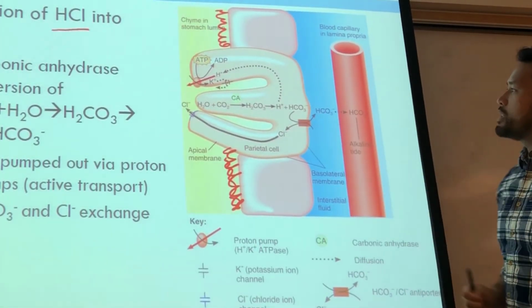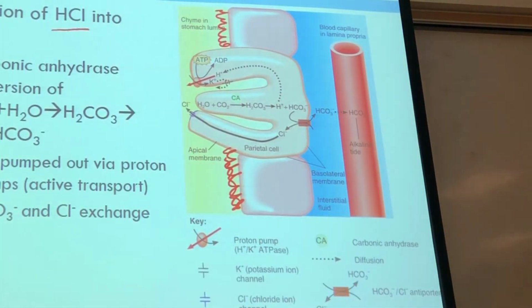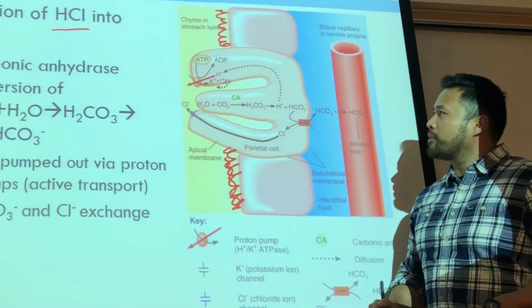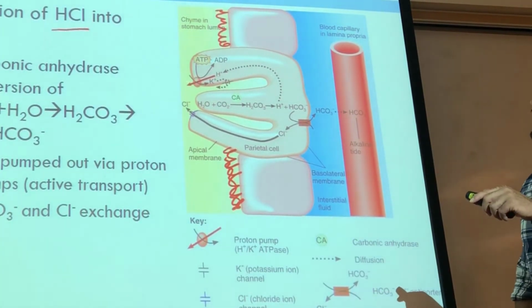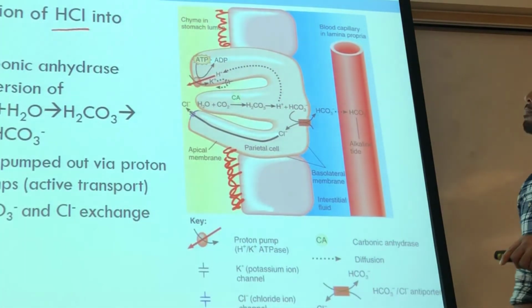That carbonic acid will dissociate. Our hydrogen ion will make its way through, and then over on the apical side, we're going to see what's called a proton pump, similar to what you guys learned about for our sodium-potassium pump. But the key difference is we're allowing potassium in, but we're shooting out protons.